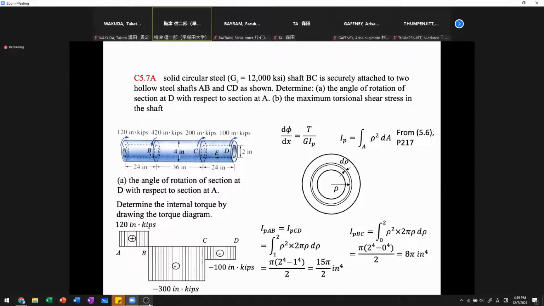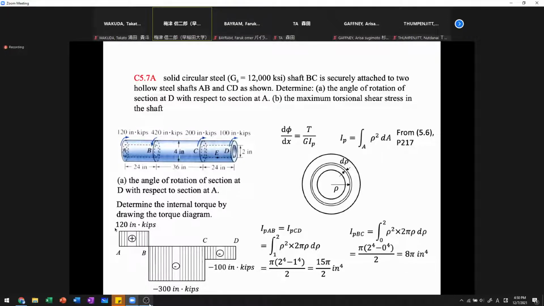Okay, and this time 1, 2, 3, 4 torques are applied to this structure, and the torque will be different between the AB part, BC part, and CD part. So we should estimate separately. So in the AB structure, this is the internal torque between A and B.